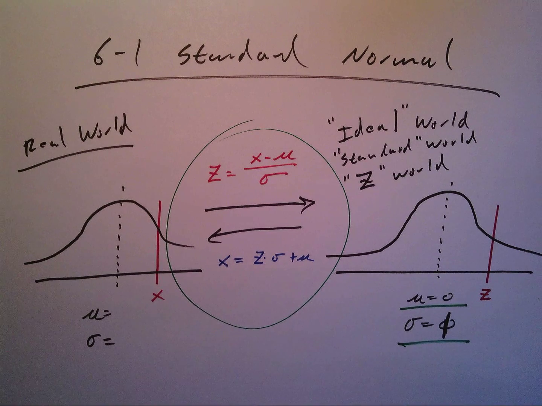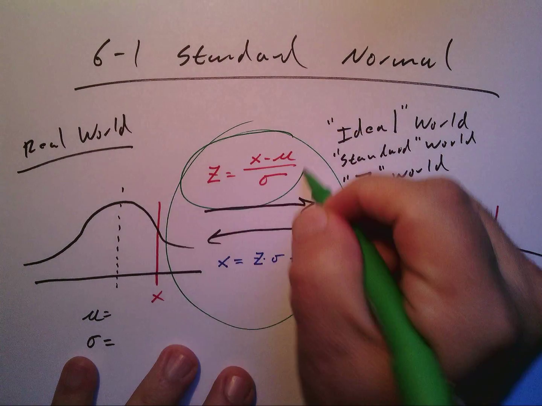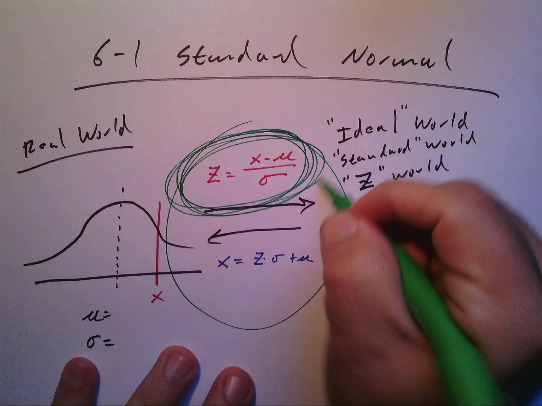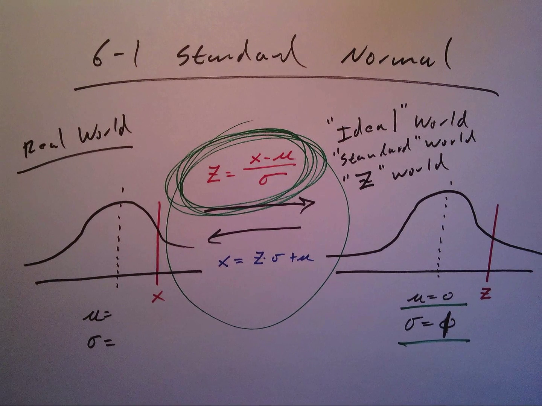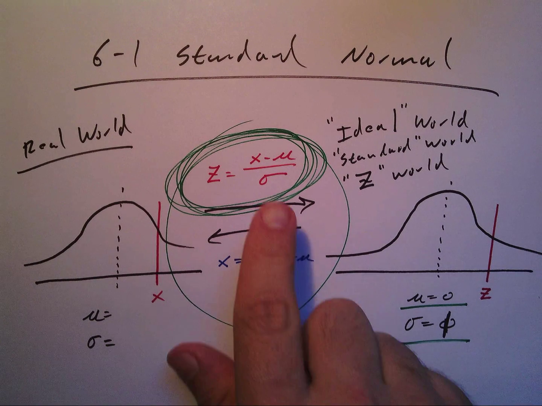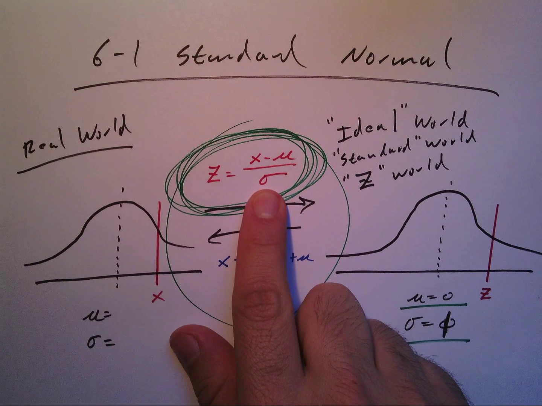Now, I also want to point out something very important. This z formula, we're going to get in a couple different forms later on. When we're suddenly dealing with samples, then our sigma is going to change to sigma sub x, which we'll talk about in great detail when we get to 6.3, 6.4.